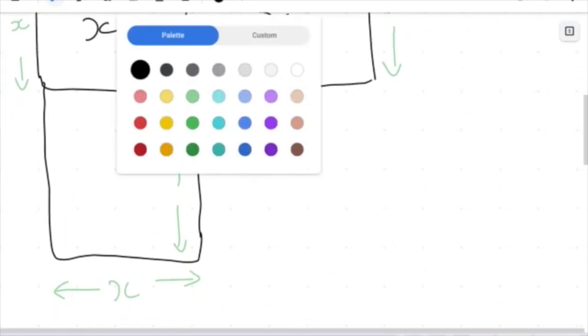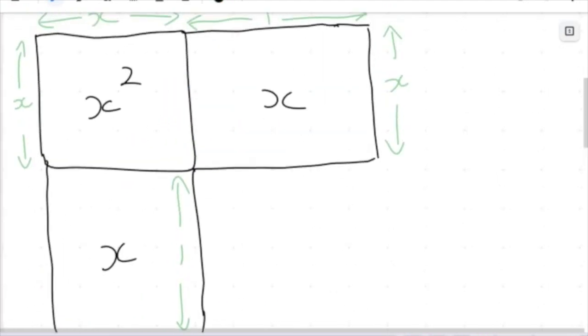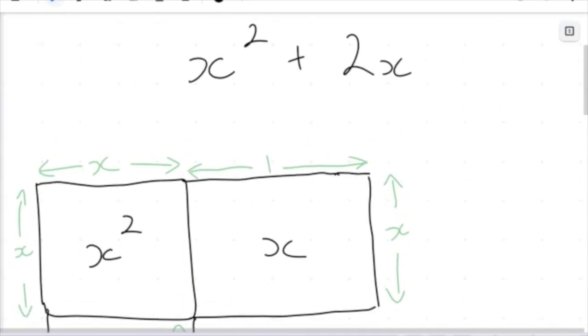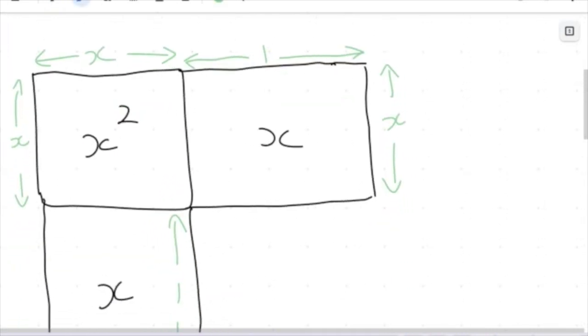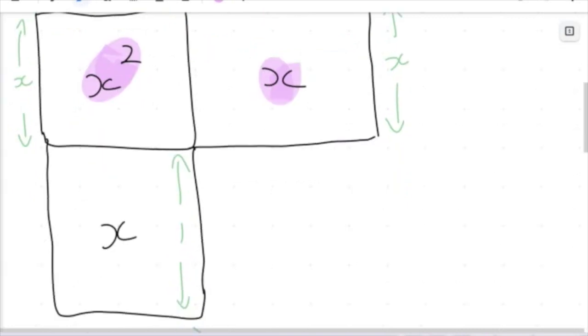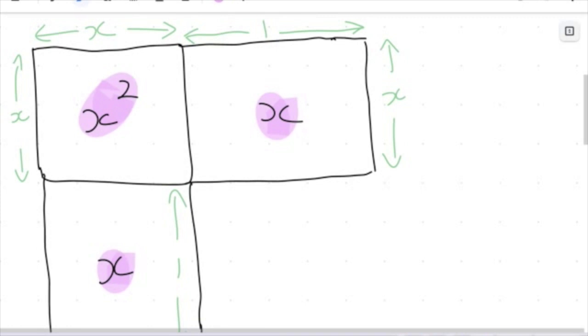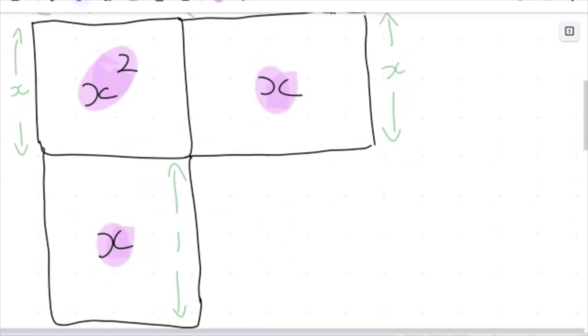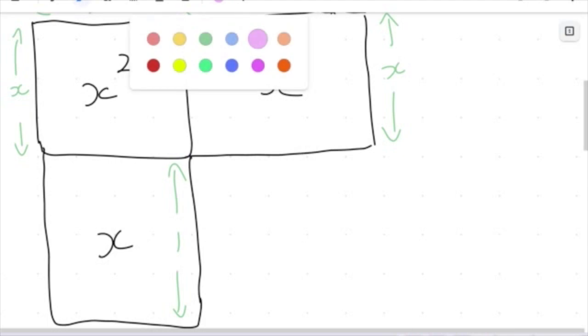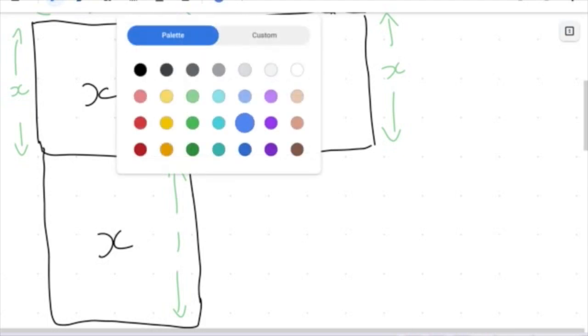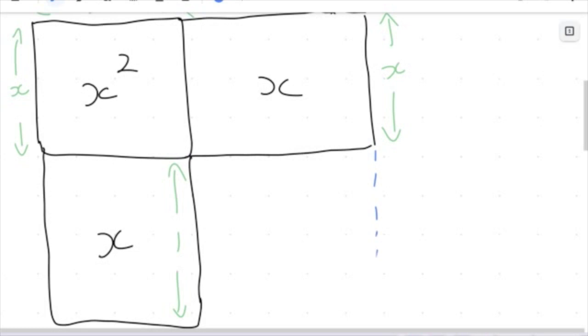And this is going to be my thing here. So this is still showing an area of x squared plus 2x. I have my x squared here, and I'm adding two things of area x to it. And you can probably see this looks sort of like an incomplete square. What I need is something to fit into this thing.